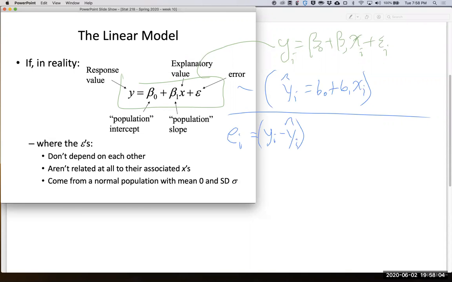How far vertically are the data points away from the trend line? How far away is an individual's weight from their predicted weight, if you will? That's going to be, algebraically, I'm going to collect like terms, beta 0 minus b0 plus then beta 1 minus b1 times xi plus epsilon i.